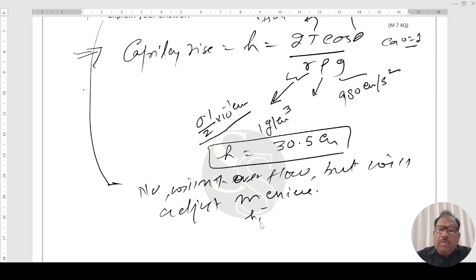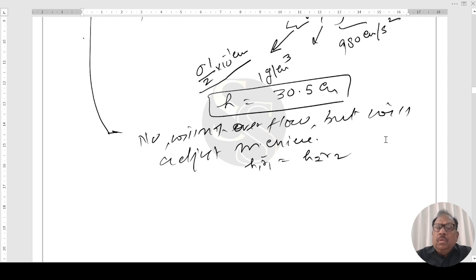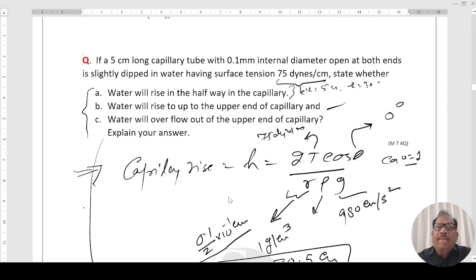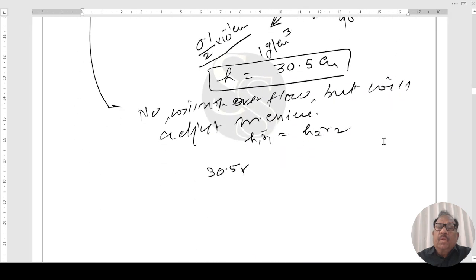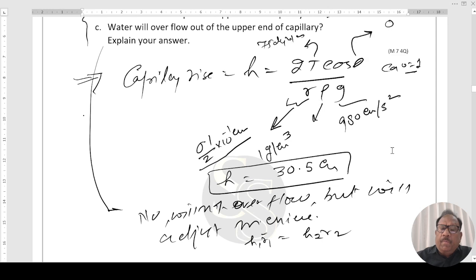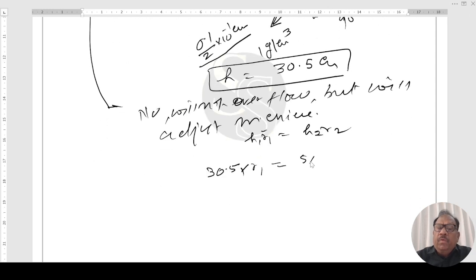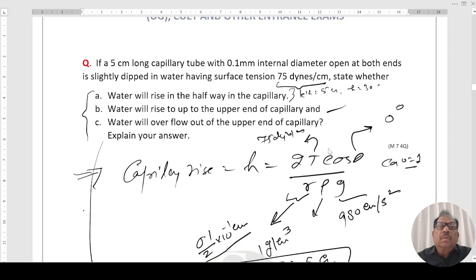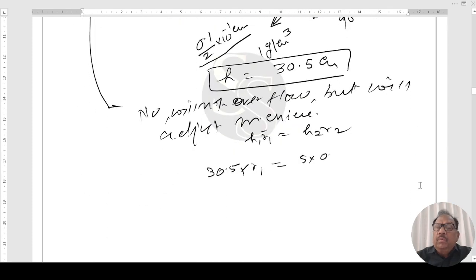According to the formula H1 R1 equal to H2 R2: 30.5 into R1, you find out. Length kept initially is 5 centimeter, so 5 into 0.1 divided by 2 into 10 to the minus 1.